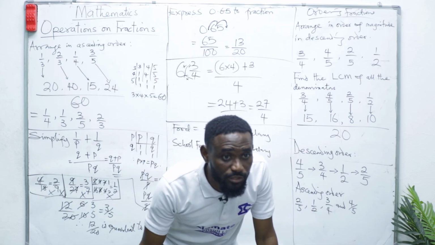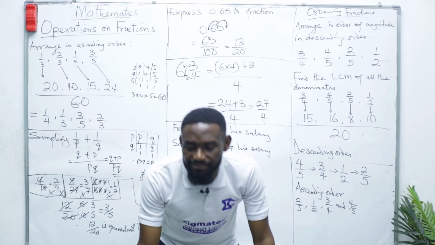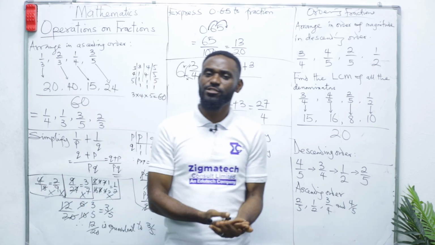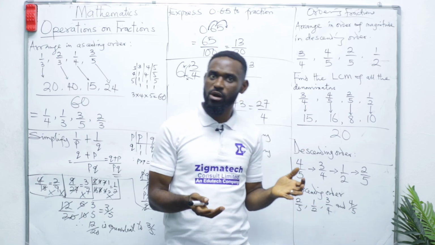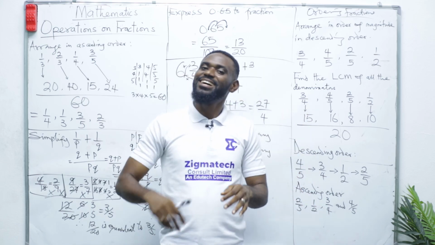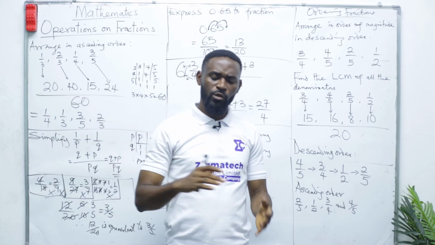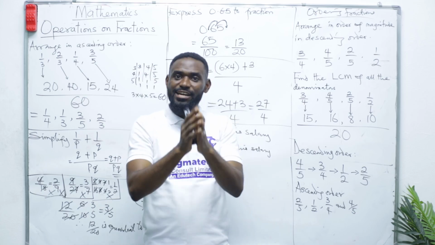So they're asking us what fraction of his salary is left. Now, they didn't tell us the salary, if it is 1 naira, 2 naira, no. They are just asking of the fraction of the salary. Okay, so let's assume for the salary to be a whole.